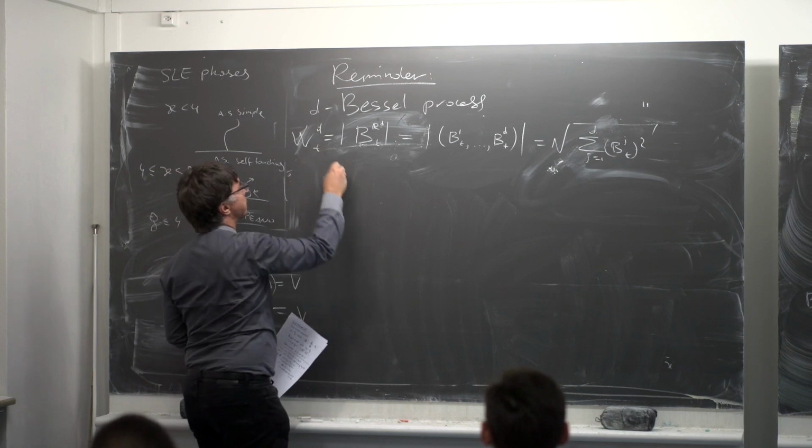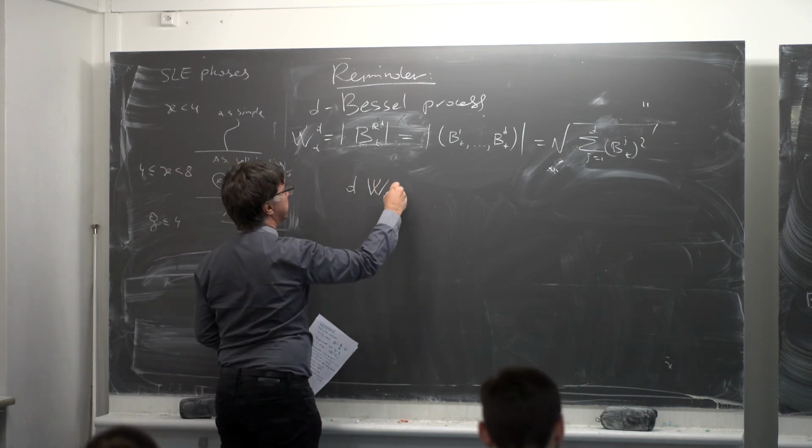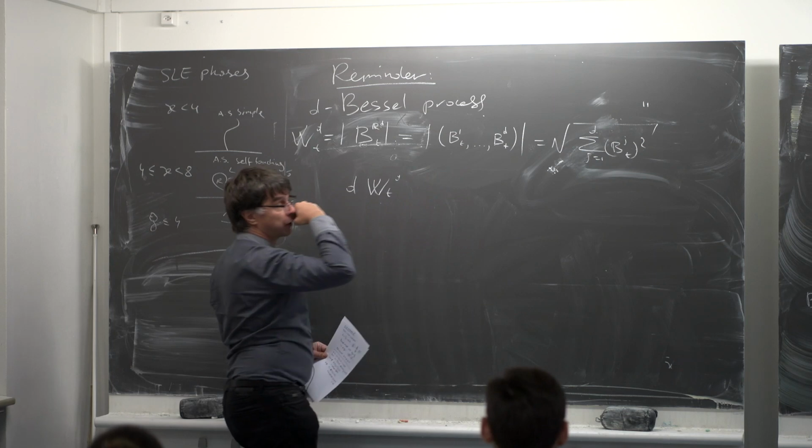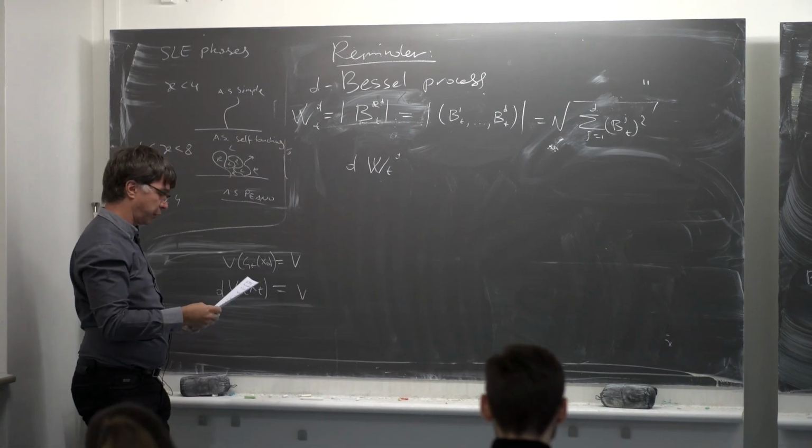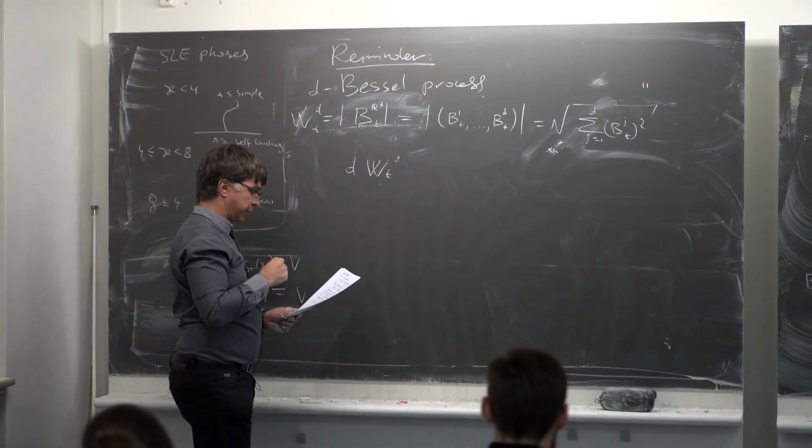So the drift for the Bessel process is possible to calculate, you just do the stochastic calculus with several Brownian motions.